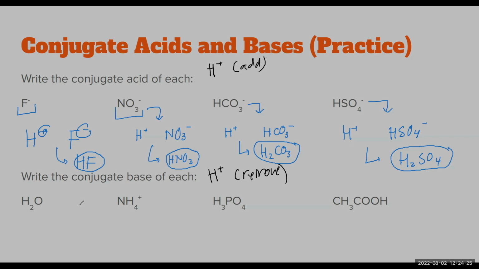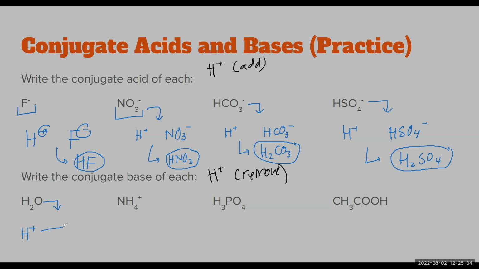Moving on to the conjugate base of each one. Like I said earlier, what we can do is remove the H+. If we remove the H+, we can determine the conjugate base from there. So if we remove an H+ from H2O, that means we're going to be overall having one more electron than protons.